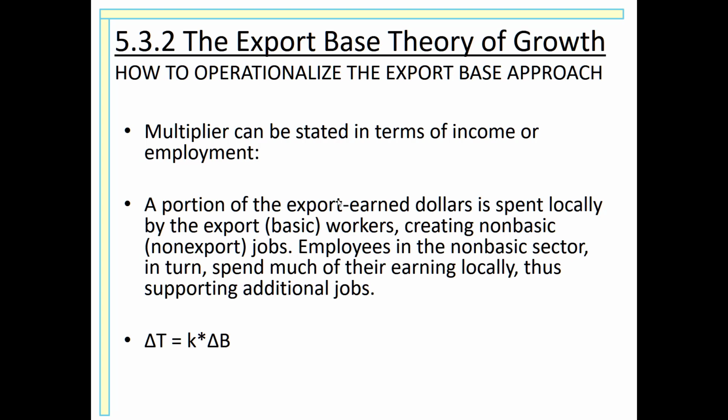Using a similar argument to that used for the previous multiplier, you can derive the multiplier in terms of jobs. You increase the number of basic jobs. Basic jobs are exporting jobs. When you increase that, you increase income. When you increase income, you increase expenses. When you increase expenses, that means there is a larger demand, which must be met by a larger supply.